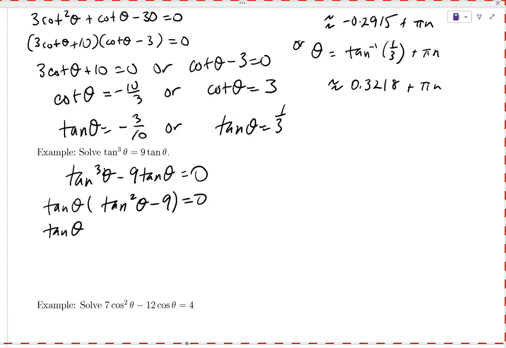So how is that going to factor? When you factor a difference of two squares, how does it factor? Tangent theta plus 3, tangent theta minus 3. Good. And now I've got 3 factors, so I can set each one equal to 0.